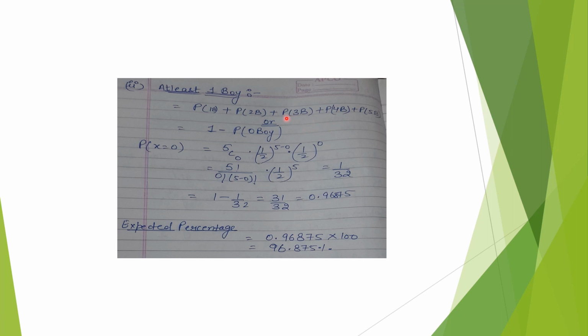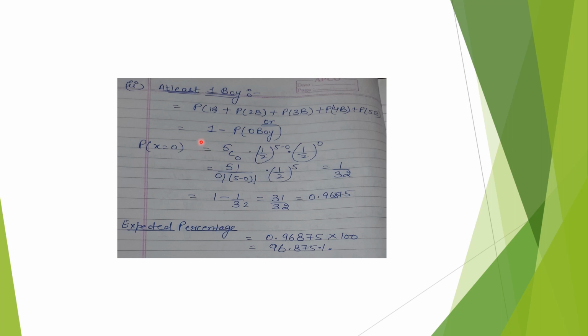So instead of using this, we can also calculate the probability of at least one boy by subtracting the probability of 0 boys from 1. Whether you solve it by the method of using 1, 2, 3, 4, 5, or you solve it by subtracting from 1, the choice is yours, but always prefer that method which consumes less time.